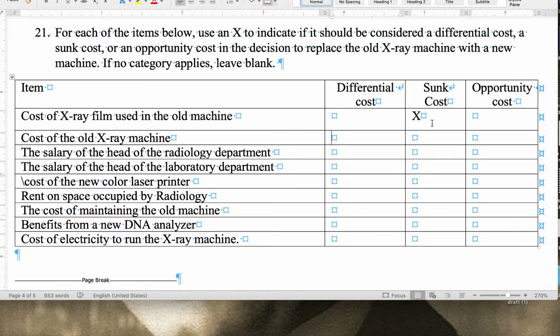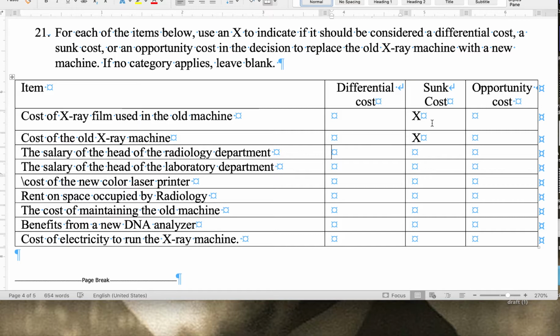The fact that we paid, I don't know, $1,000 for it years ago has no basis on our decision right now, right? Should we keep it and use it, or should we buy a new one? So that old cost, that's a sunk cost, right? We don't care. It has no relevance for us to make the decision now.